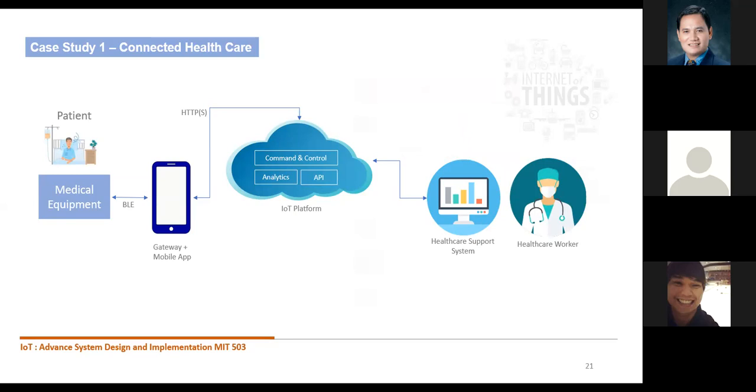So let's start with the patient. The patient monitors their blood or so, or there is an app, a Bluetooth device connected to the gateway, plus a mobile app that senses the temperature or so, which the app gets by means of Bluetooth from the device.